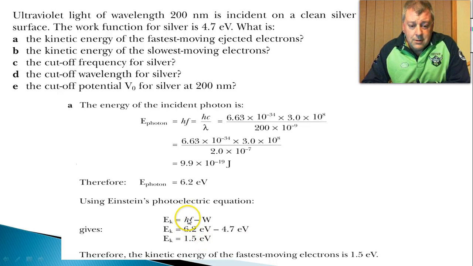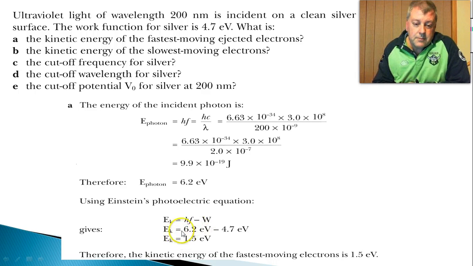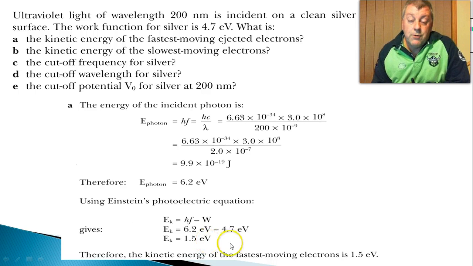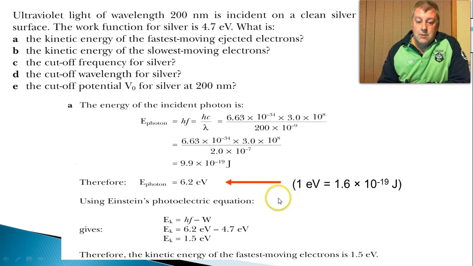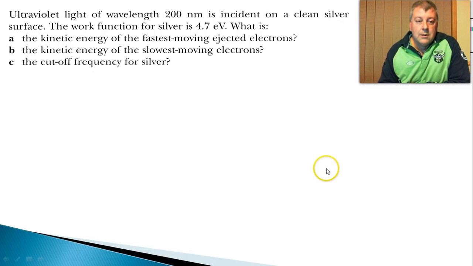Most often I get students to work in joules simply because that's a unit we're fairly familiar with, but you don't have to. So here the photon's energy is 6.2, work function is 4.7, so the kinetic energy is going to be 1.5 eV, and we could convert that to joules if necessary, recognizing how we convert 1 eV to joules.